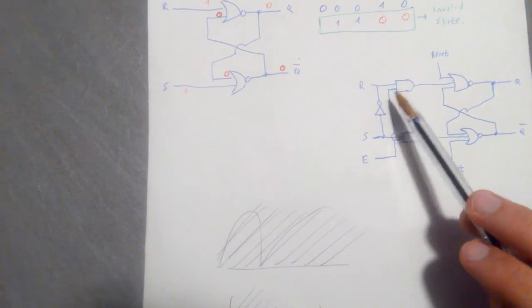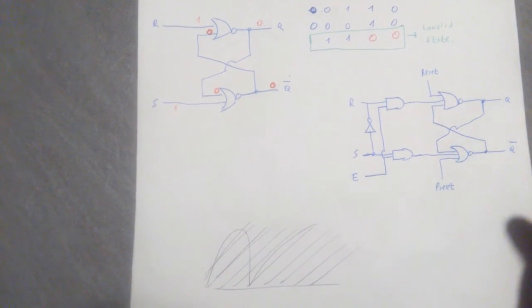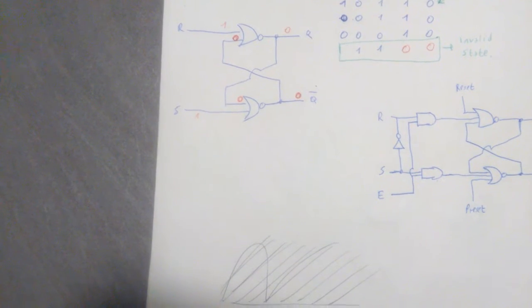In this way, we avoid getting into the invalid state. And this one is actually called a D latch.